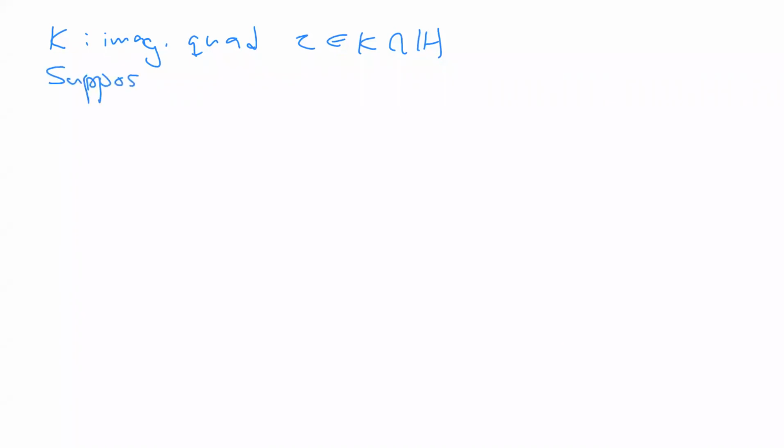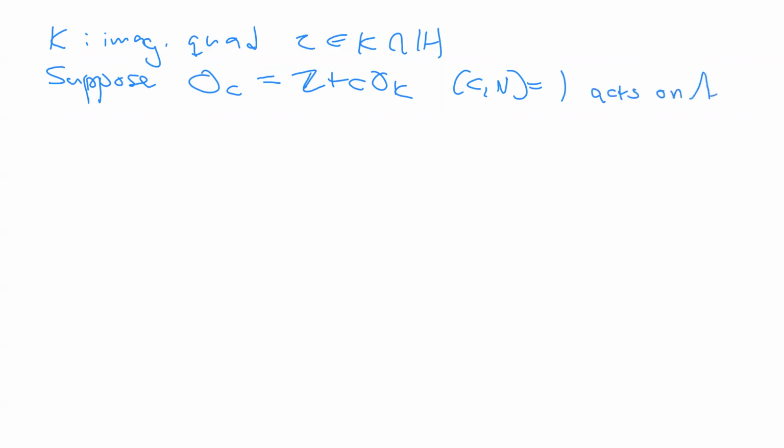Now suppose the order, the subring of O_K of conductor c, where c is a positive integer prime to n, acts on the lattice Lambda tau. In case you forget, Lambda tau is the lattice generated by tau and 1.